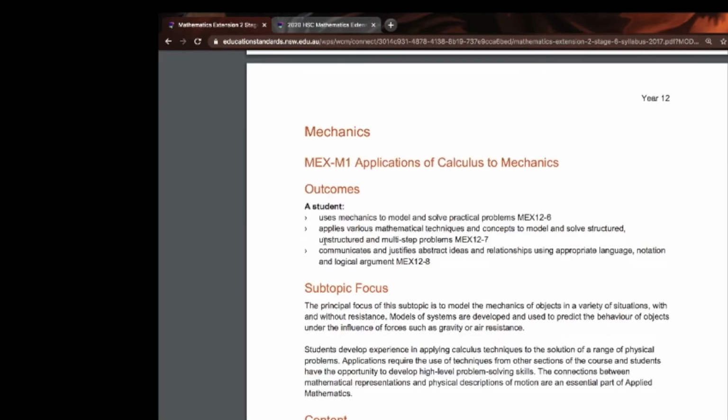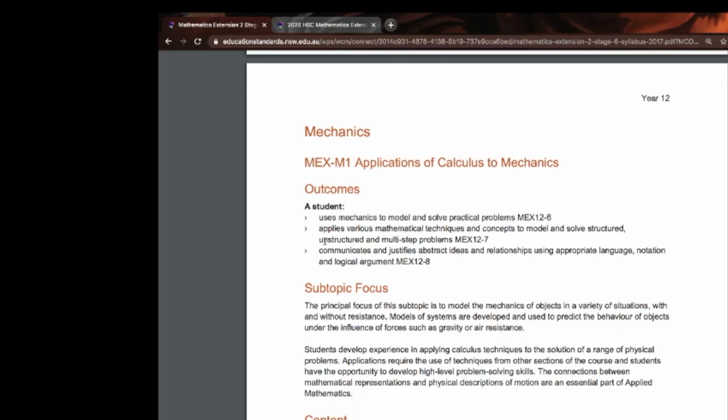Now the last topic is mechanics. I believe mechanics to be perhaps the most fun topic in the whole course, and also the most fun topic out of all the 3 courses. This is because through modeling both simple harmonic and resisted motion, it will give you a greater understanding of motion in the real world.